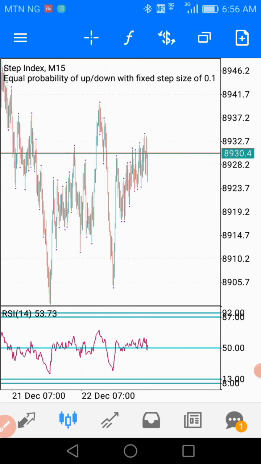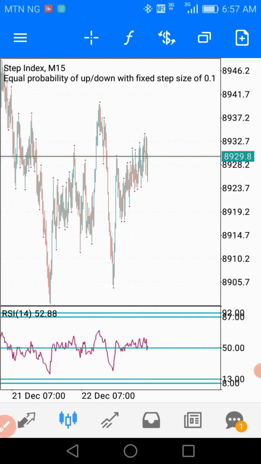Okay, now I want to quickly start by telling you that most indicators are lagging, meaning that they follow price behind. Most indicators that we use to trade are lagging and follow price behind, and that means that when price makes a move, for instance, when price moves down, they also move down with price, and when price moves up, they also move up with price.